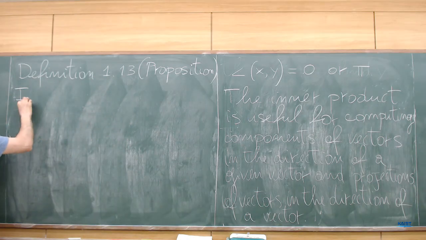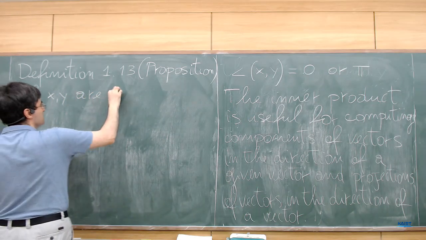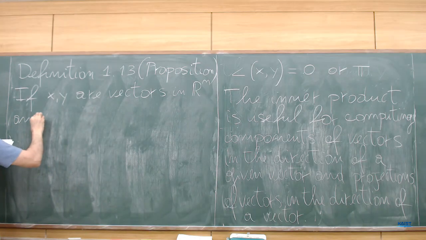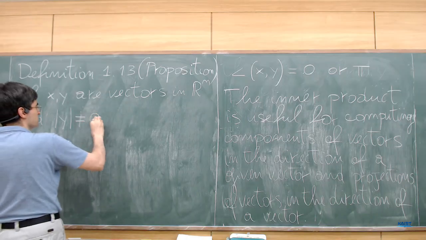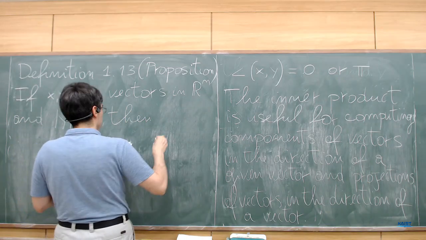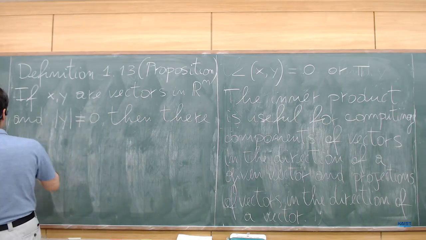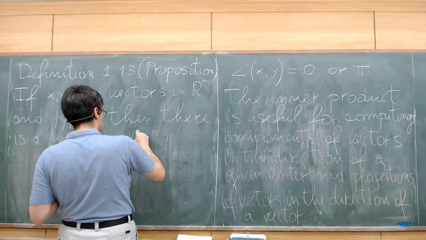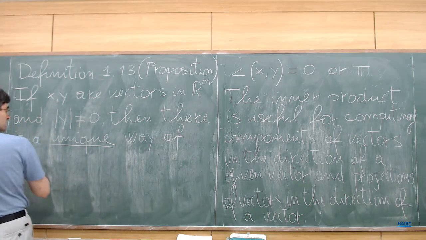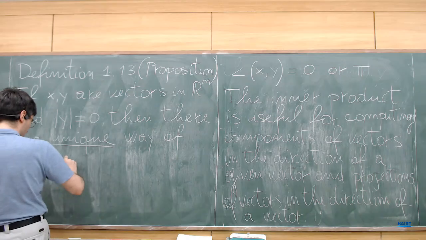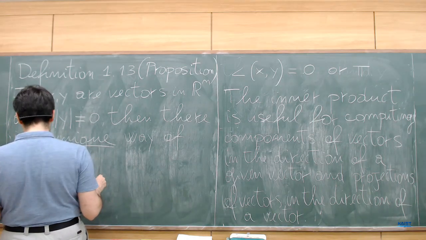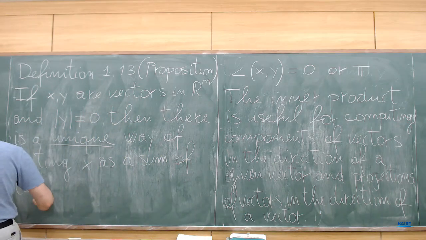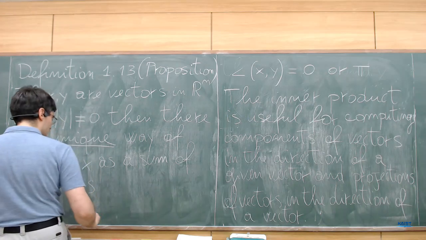If x, y are vectors in Rn and the length of y is non-zero, then there is a unique way of writing x as a sum of two vectors having the following properties.